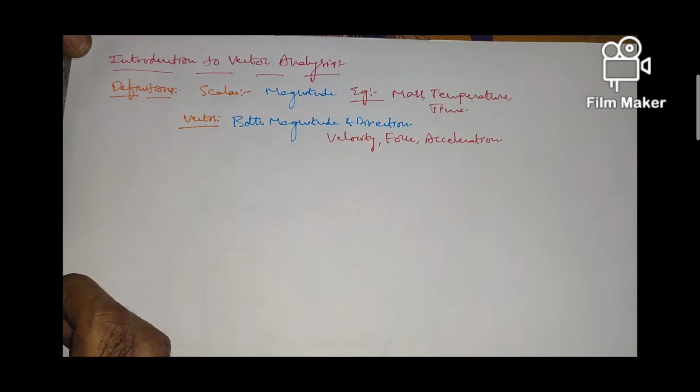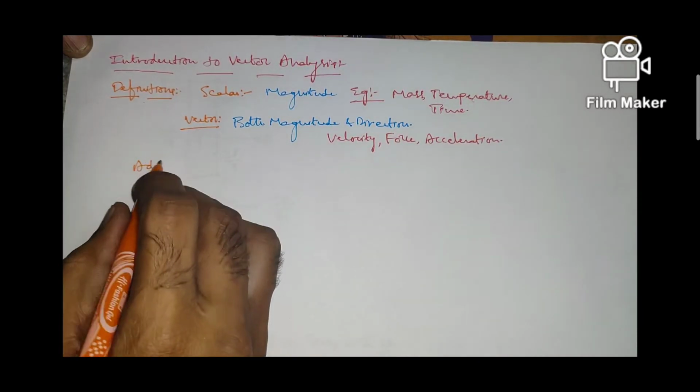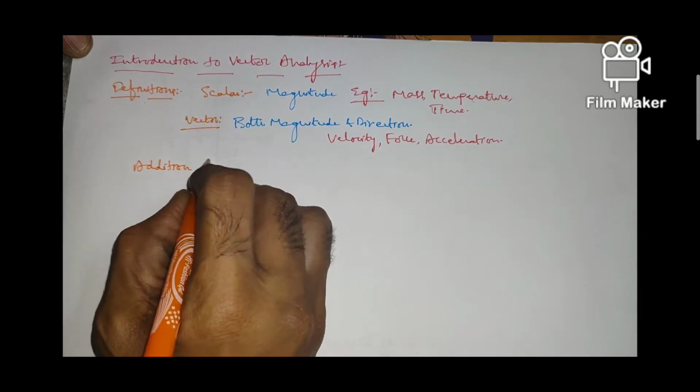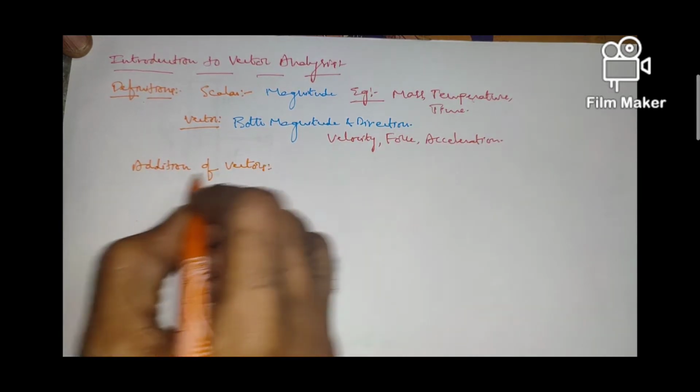Next, we discuss some mathematical analysis related to the vector algebra. First, we consider the addition part.